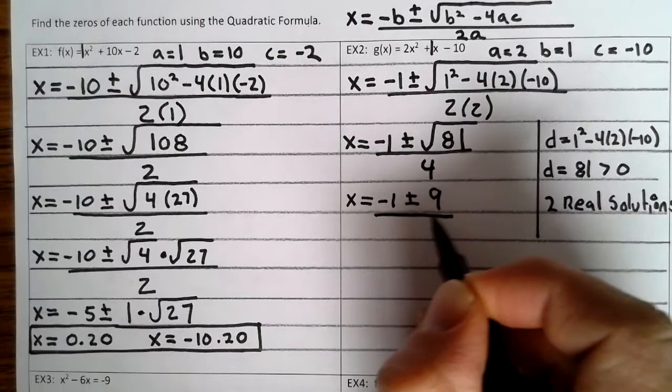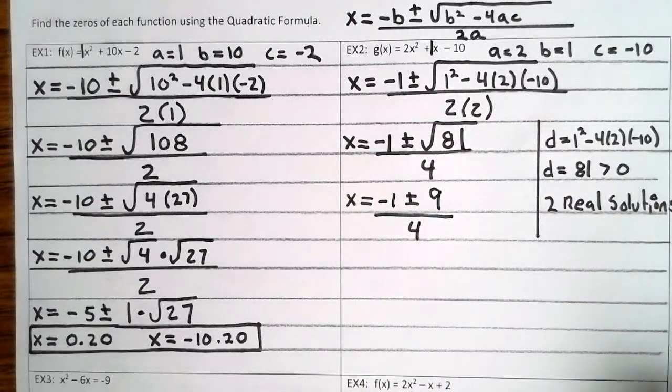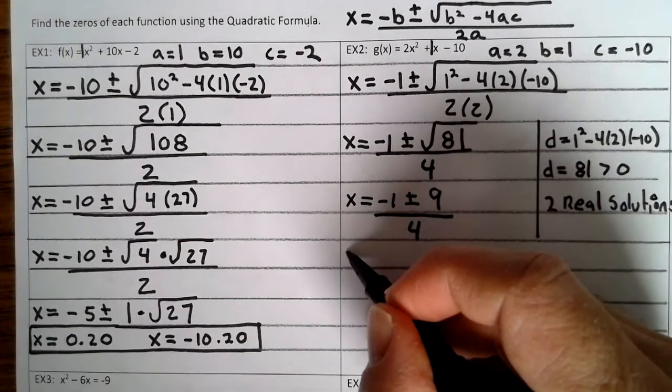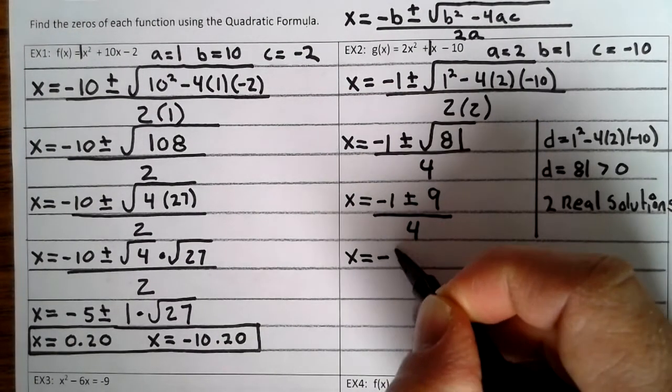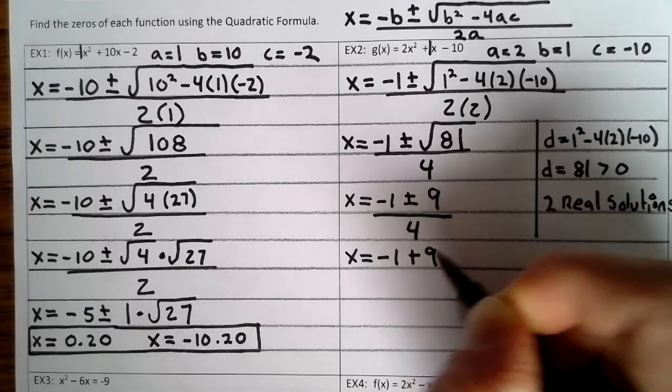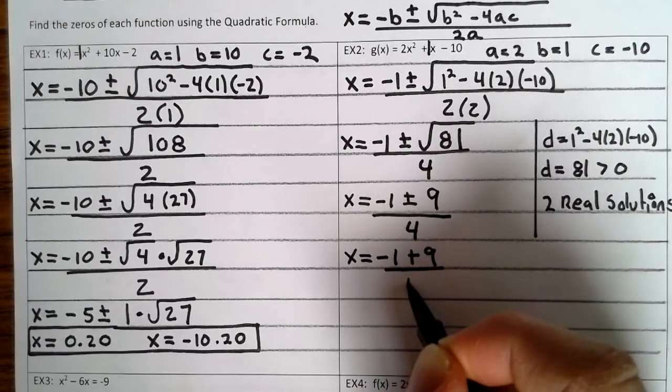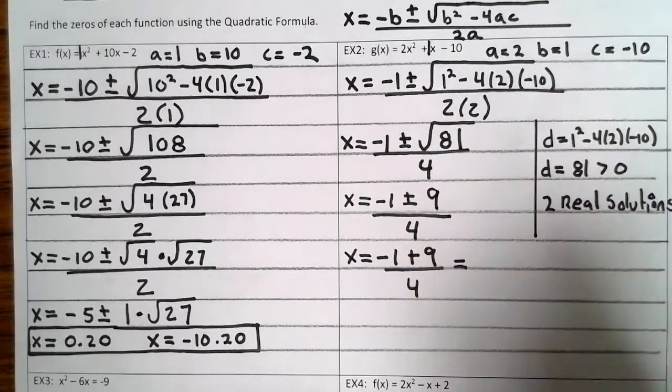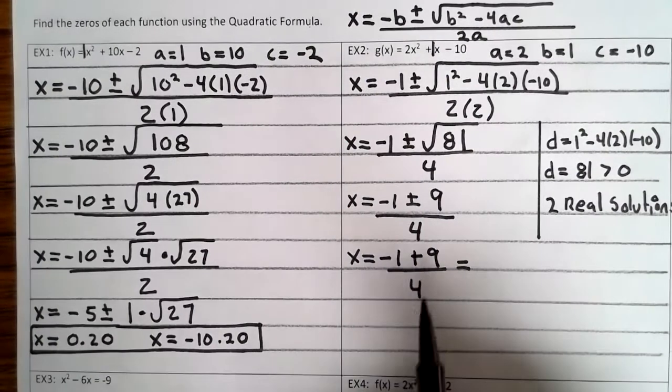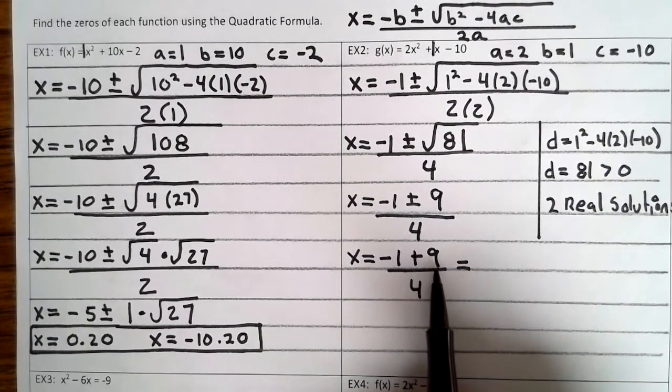So that's x equals -1 plus 9 divided by 4, which is -1 plus 9 is 8. 8 divided by 4 is 2. So one of the solutions is x equals 2.